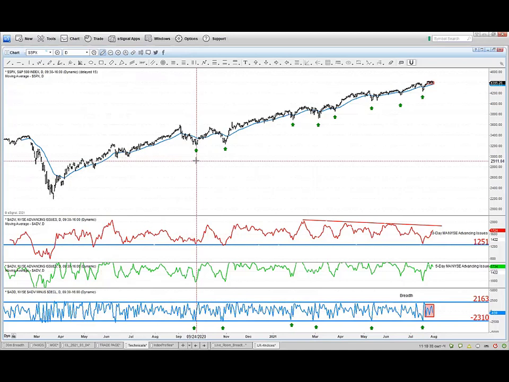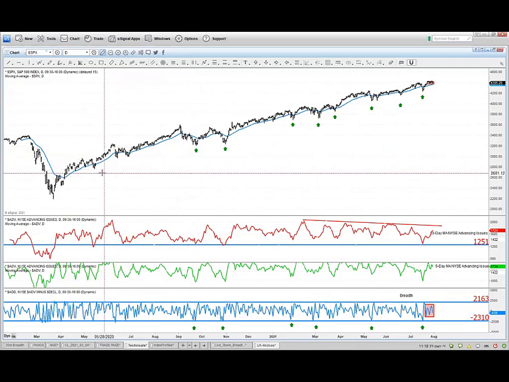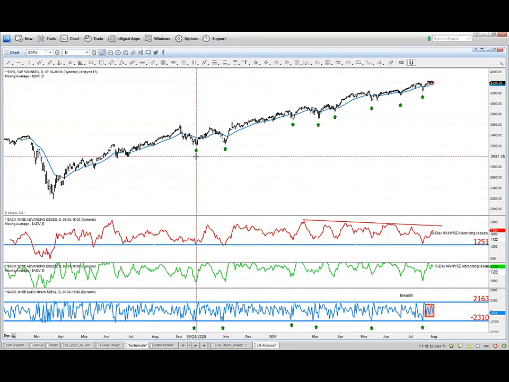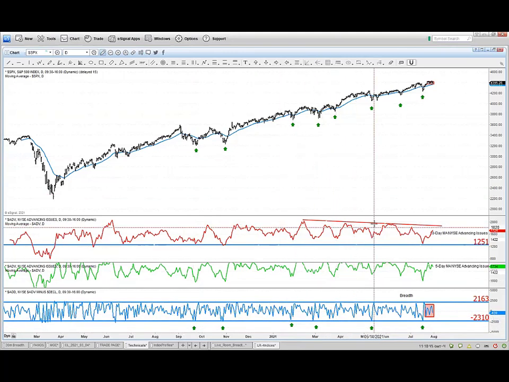And you can see here we have this extraordinary run of higher highs and higher lows, and the pivot lows coincide in every single instance with a breadth reading of negative 2,000, or in some instances, there's a test.